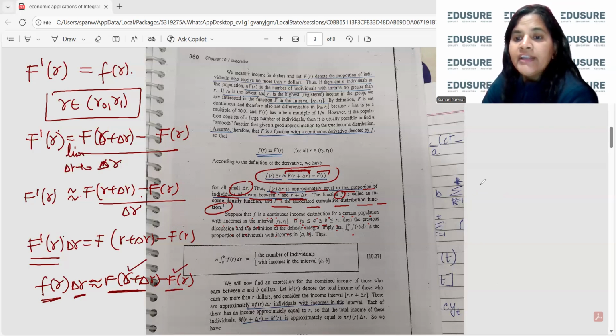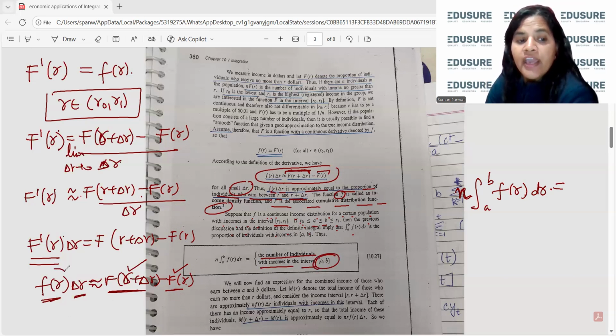So if I integrate from a to b of f(r), I get this particular proportion. And if I multiply this by N, I get the number of individuals with income in the interval [a, b].